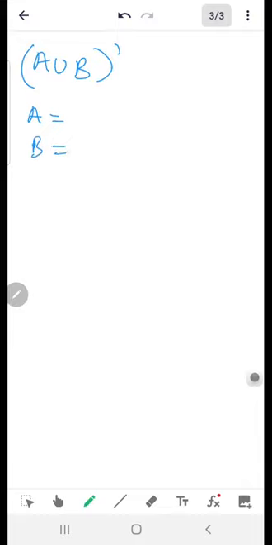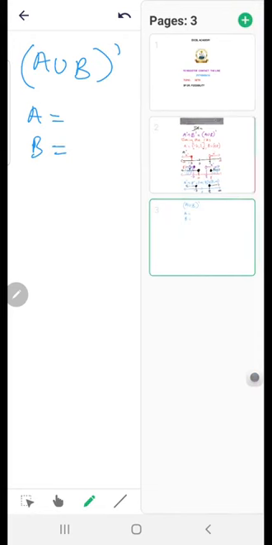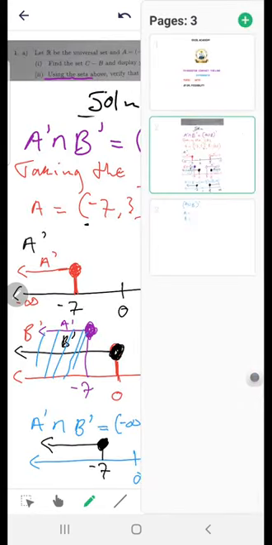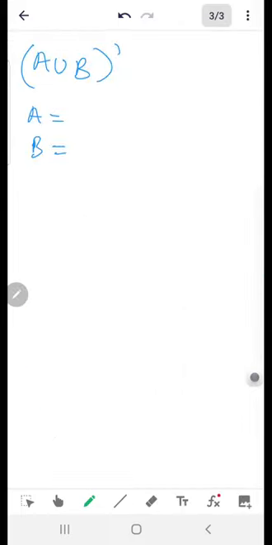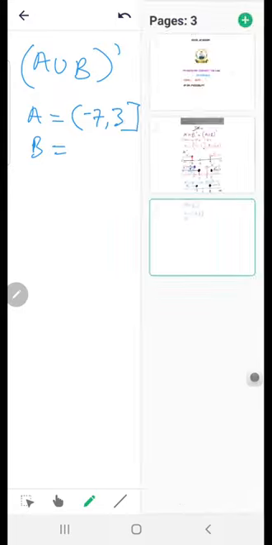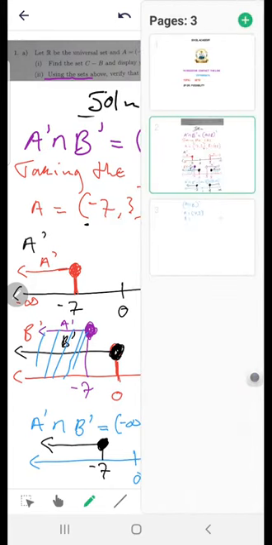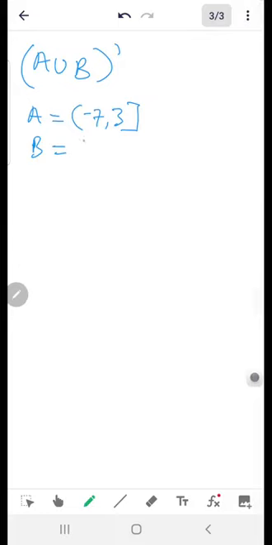Our set A is (-7, 3], where -7 is not included and 3 is included. Our B is (0, 8), open at both ends.